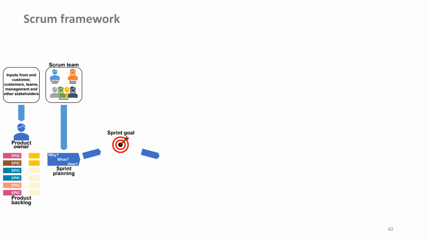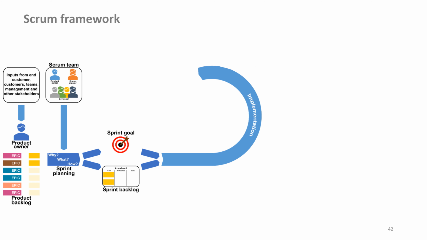These items go into the sprint backlog until they say we can do it by then and we can't do anything else. The team itself says and decides how much work it will take into the sprint. Then the Scrum team goes off with this plan and this backlog which they have worked out.